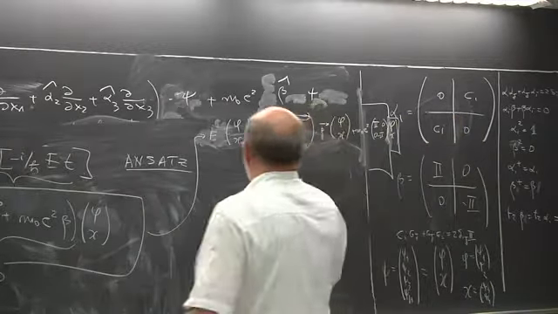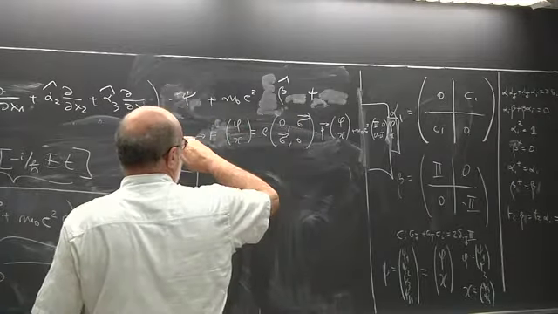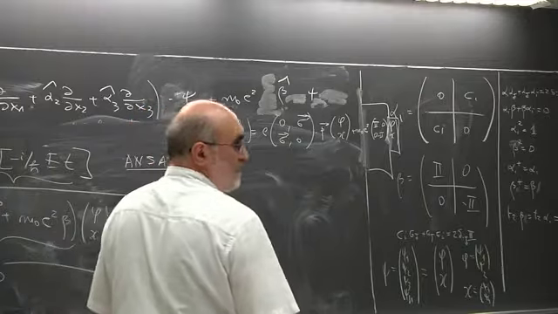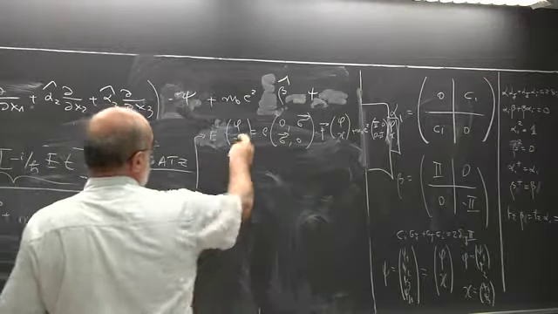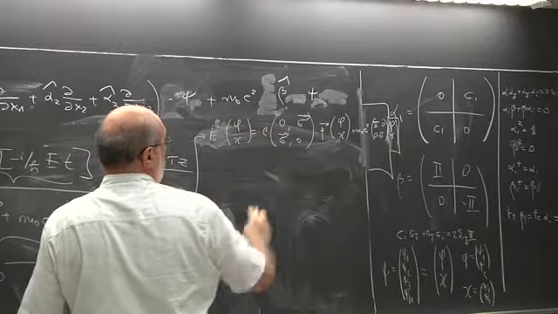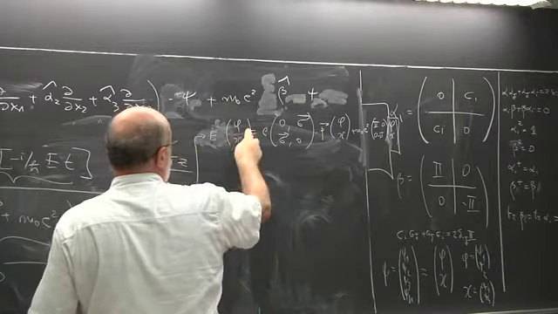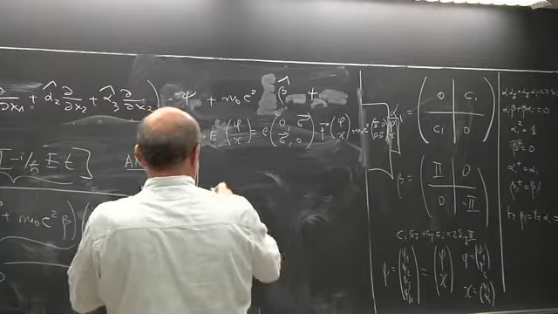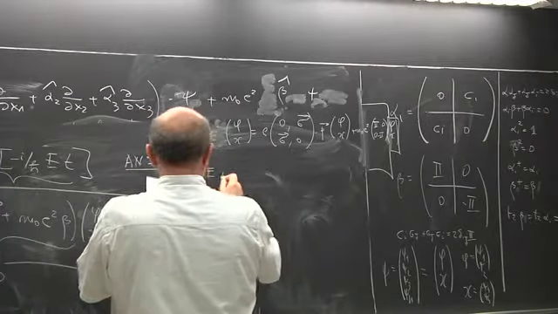Okay. So now you equate the upper 2 components and the lower 2 components on the left and the right hand side. So you see this is a 4-dimensional thing, but of course if you work out the components, you will have an upper 2 component and a lower 2 component, and the equations you get are 2 equations.